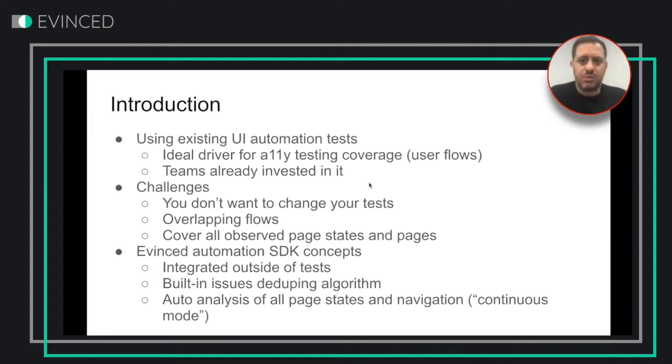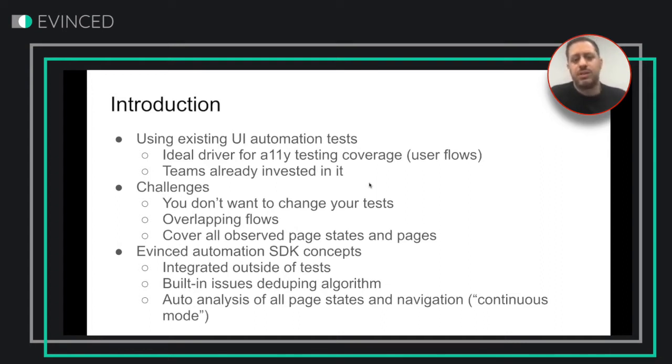As you already know, today many UI test frameworks give you a test lifecycle, points in time where you can do some setup or teardown beyond the test flow itself. So the Evinced SDK can integrate into these lifecycle events, so you don't need to change any of your test code.